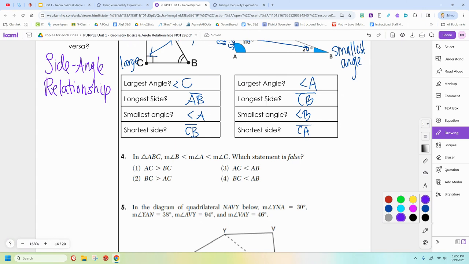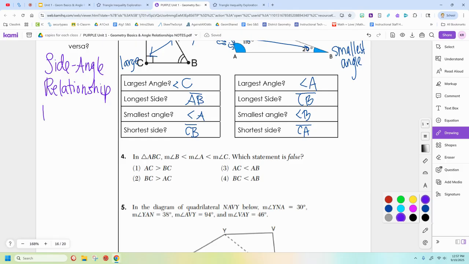I just want to see how I put it in my notes to make sure I do it right. Okay. And then the easiest way to remember it, I usually remember by thinking about a right triangle, because in the right triangle, the longest side is always called the hypotenuse, right?